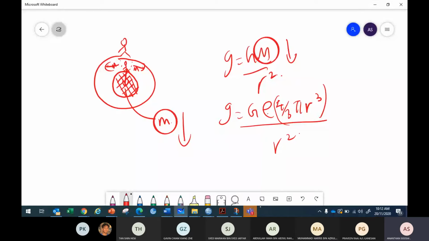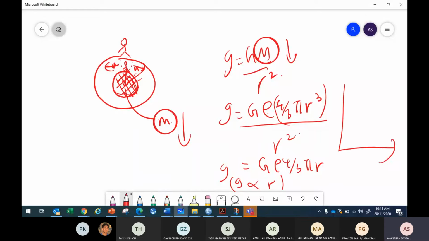Then gravity is G rho 4 over 3 pi R. So G is found to be proportional to R inside the Earth, and that's why the straight line region appears inside the Earth. G is proportional to R, because the mass beneath is responsible for the gravity.